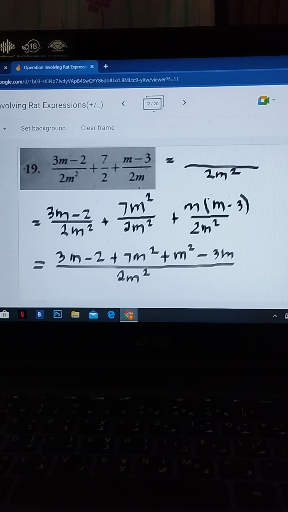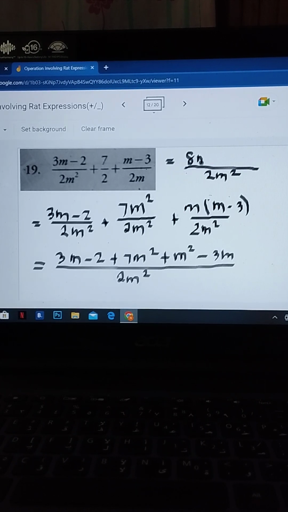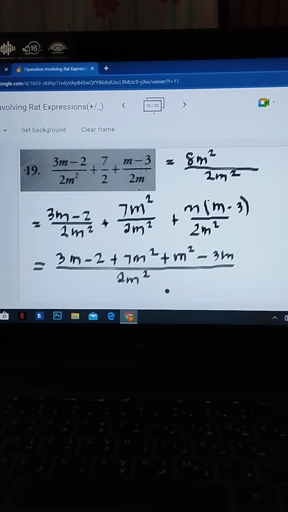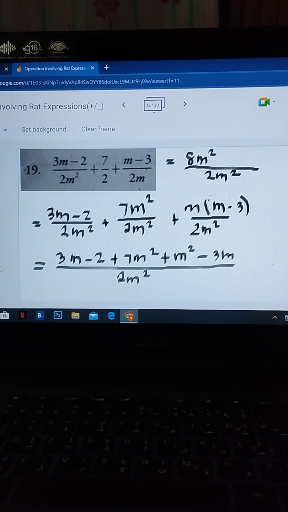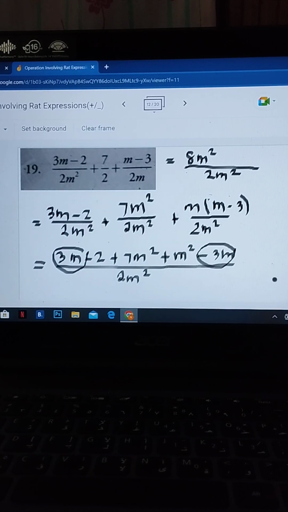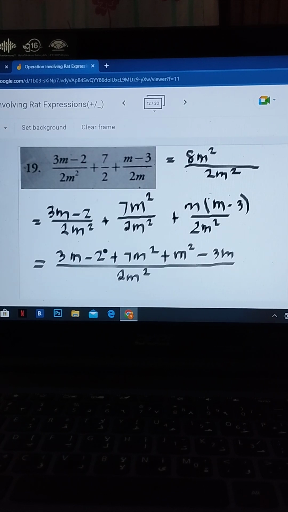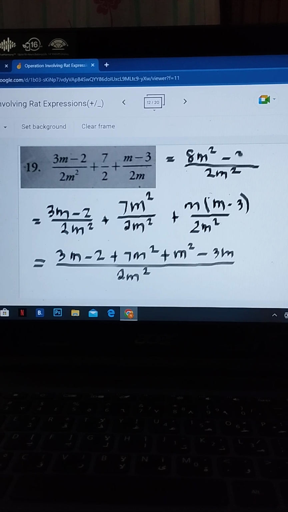So 7m squared plus m squared is 8m squared. So descending powers of m. Next is 3m minus 3m is equal to 0. No need for us to write 0m. So next is minus 2. So minus 2. So now we can cancel 2.